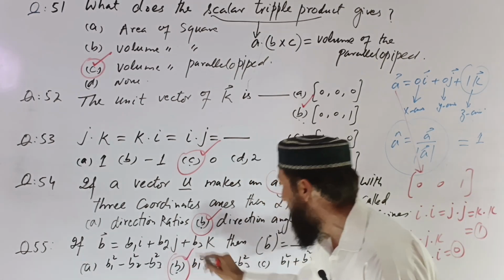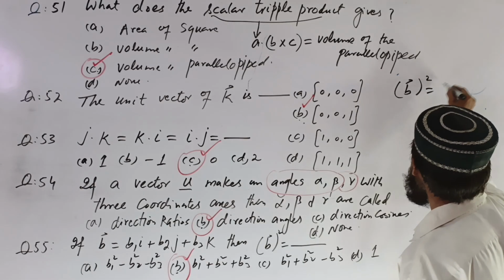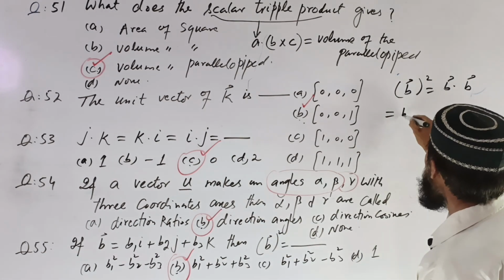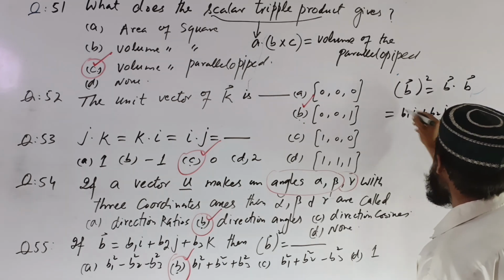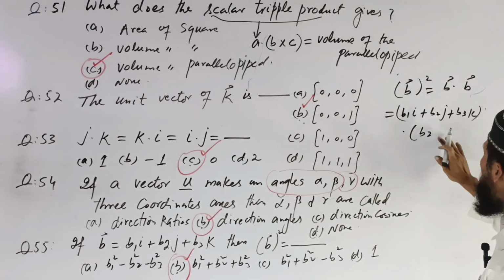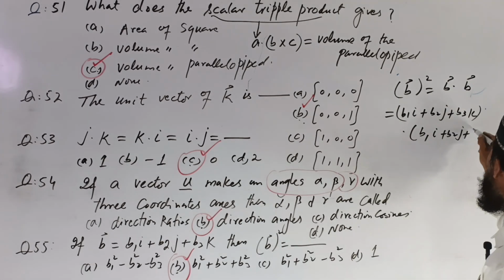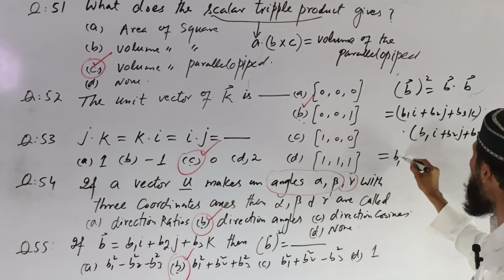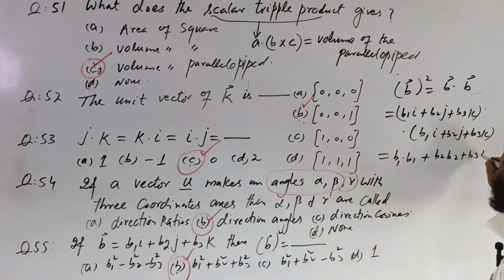So the correct answer is B. How do we calculate it? We multiply b1 i plus b2 j plus b3 k with the same b1 i plus b2 j plus b3 k. By the dot property, b1 with b1, plus b2 with b2, plus b3 with b3.